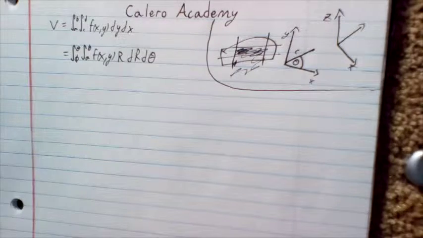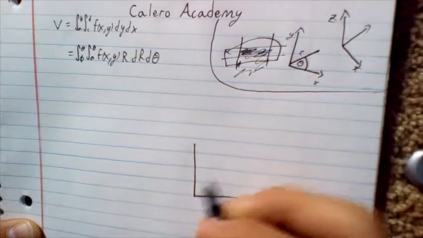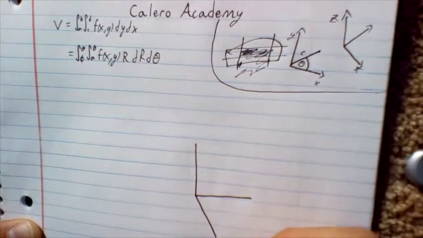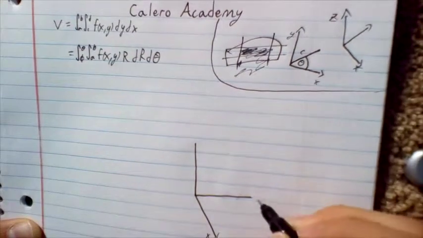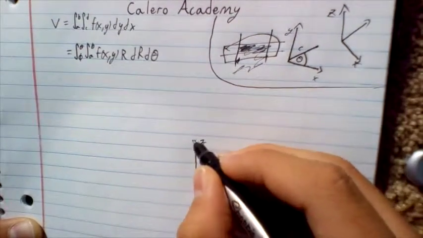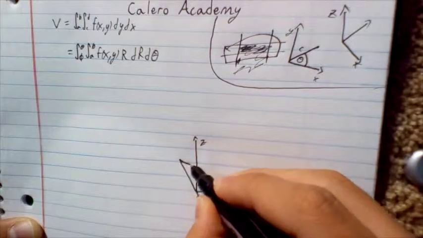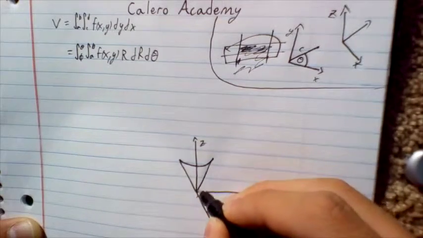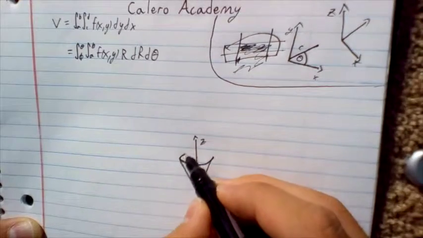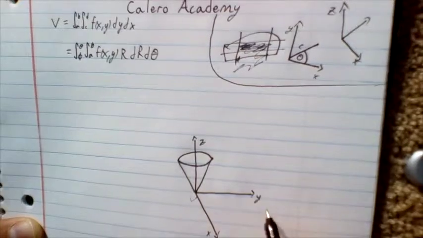Okay, so let's think of our cone. This is our x-axis, y-axis, and z-axis. We'll put our cone so that it starts at the origin, and we will imagine it going up like this.